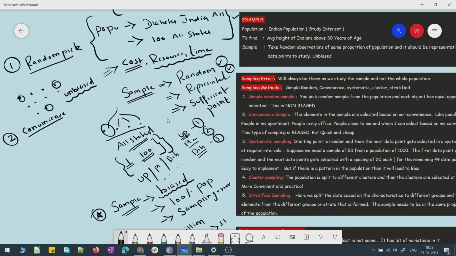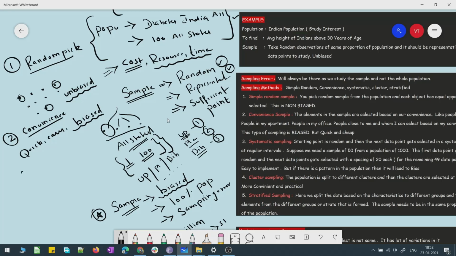So it is based on my convenience, on what I feel is likely to be done. It is quick and easy, but it is going to be biased because I am biased and moving towards people who stay in the hostel with me. So this is one more method by which I can form a sample.